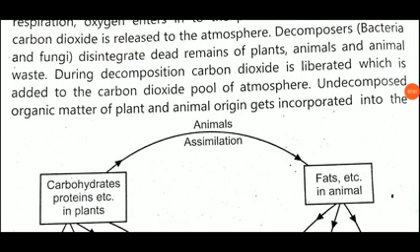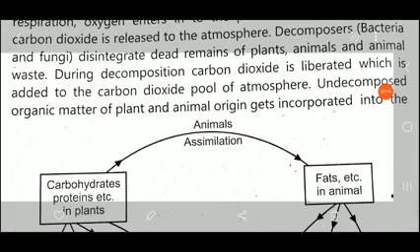Now we know that coal, petroleum and natural gas are made over billions of years. When these plants and animals are buried in the earth and billions of years go by, coal is made from these plants and animals. Petroleum and gases are made from these decomposed organic matters of plants and animals.